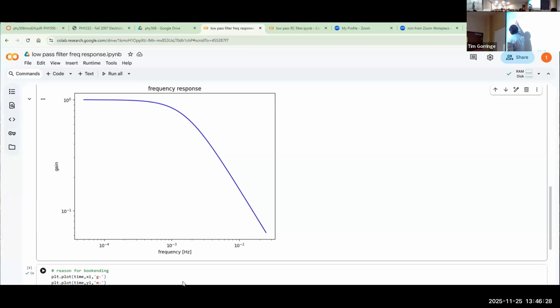So we see at low frequencies we've got a gain of 1, so the signal just goes straight through. At high frequencies over here, we completely extinguish the signal by some large factor. In between, this region here is where we're attenuating and lagging this sinusoidal signal.